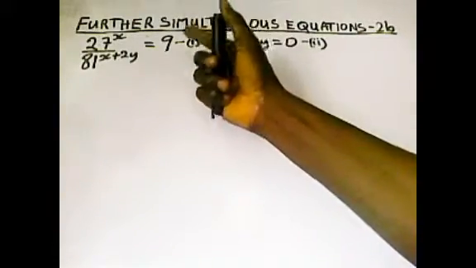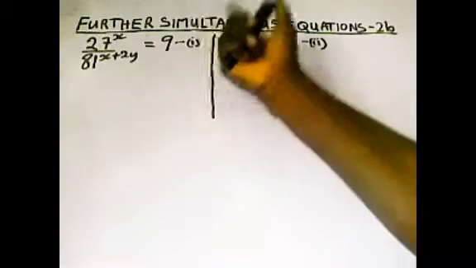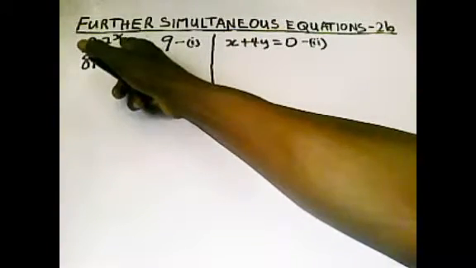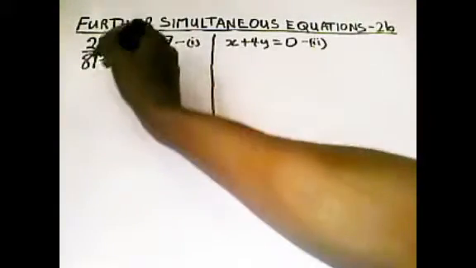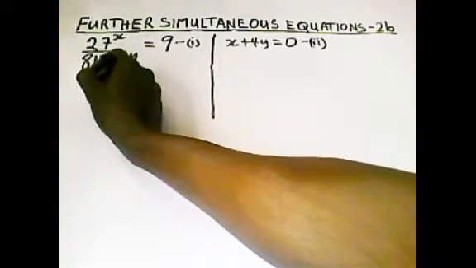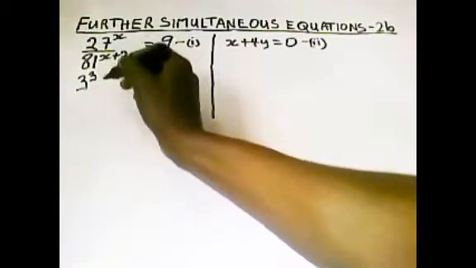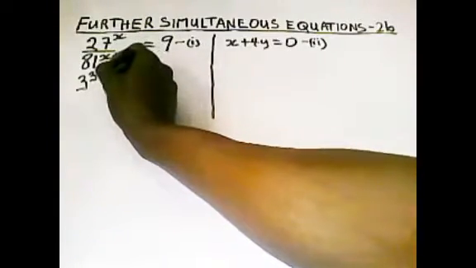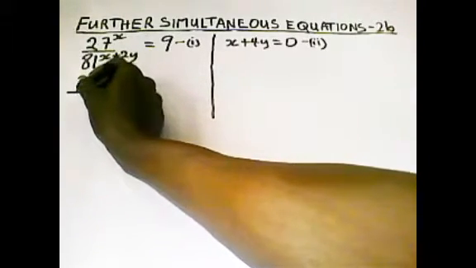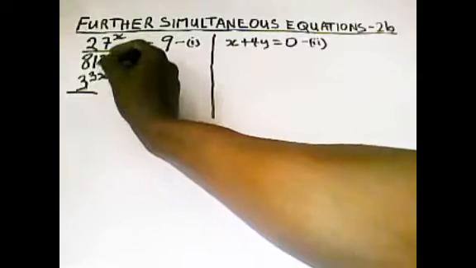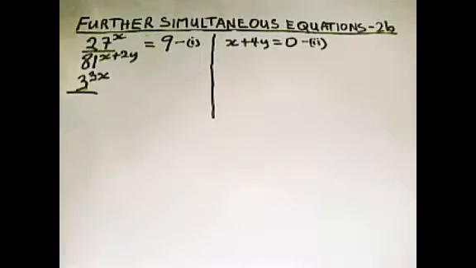So we ask ourselves, starting from 3, how many times will 3 multiply itself to give us 27? 3 will multiply itself 3 times to give us 27. So the expression at the top will become 3 power 3, and this will multiply the power x, so we write 3 power 3x. Then everything will be divided by, how many times will 3 multiply itself to give us 81? 3 times 3 times 3 times 3, that is 3 in 4 places, will give us 81.